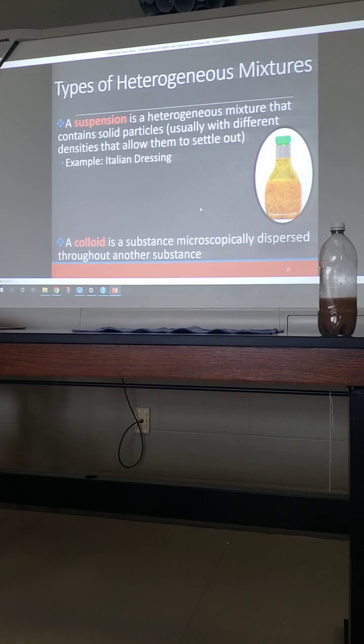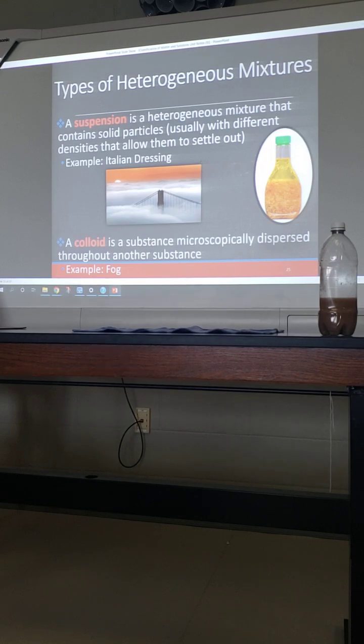Something I'm just going to mention, it's not something that we really need to worry too much about, is a colloid, where you have something that's kind of microscopically dispersed, and that's like fog. Right, so fog is actually solid little pieces that moisture has condensed around. So you have a gas and a liquid form kind of all in one.